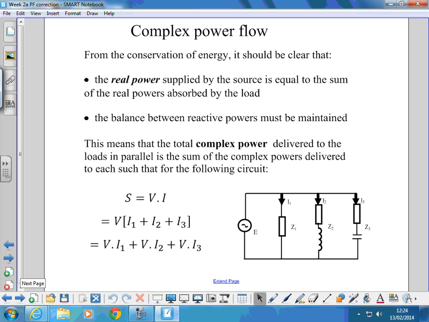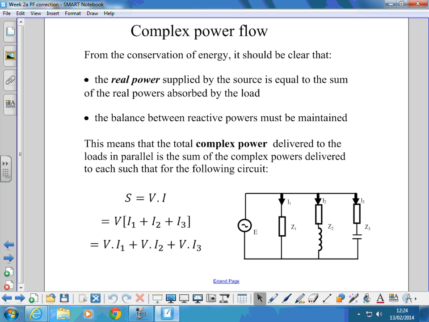So first of all, complex power flow. If we consider that we have this situation where we get the conservation of energy, all energy put into a system has got to come out the other end somewhere. It has to be a totally balanced system to comply with conservation of energy.